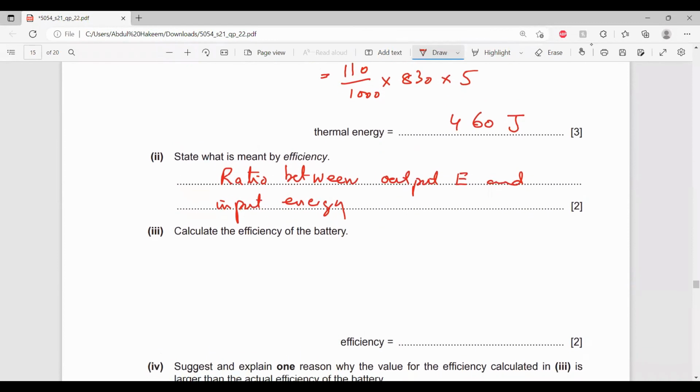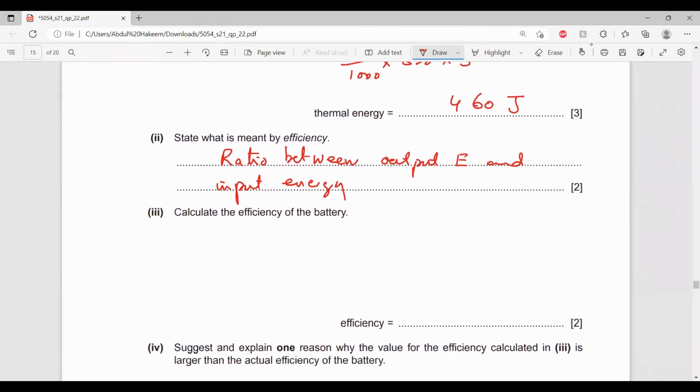So the input energy is equal to loss plus output. It is 460 plus 5200, which is 5660 joule.